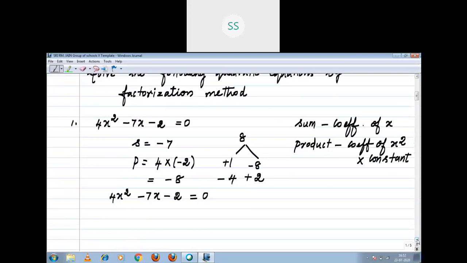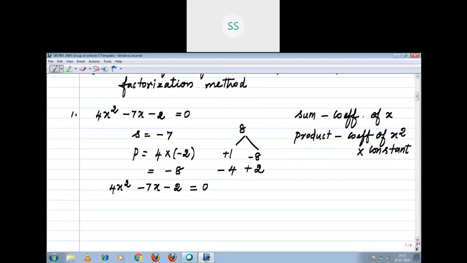Based on the sum only, you have to select your possibility. That is the first condition. You don't bother about the product. You have to concentrate only on the sum. Here, which is apt? Sum is negative, product is negative, bigger number negative, smaller number positive. Which two you take, you will get minus 7. Anyone? Yeah, very good.